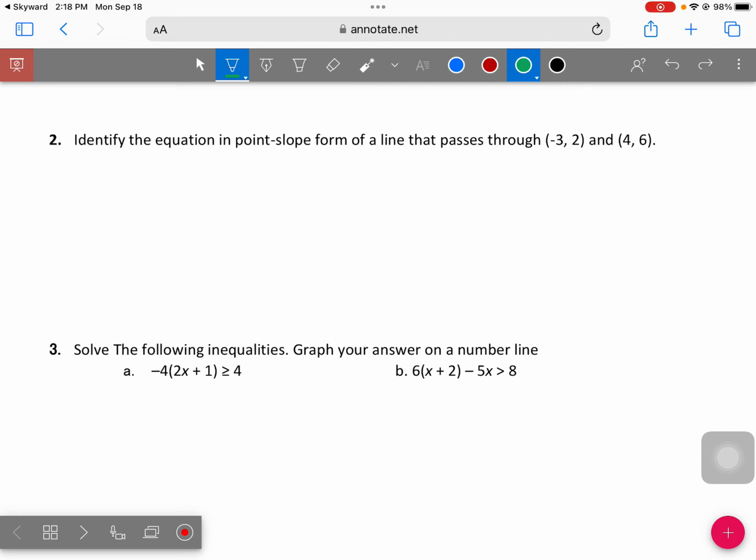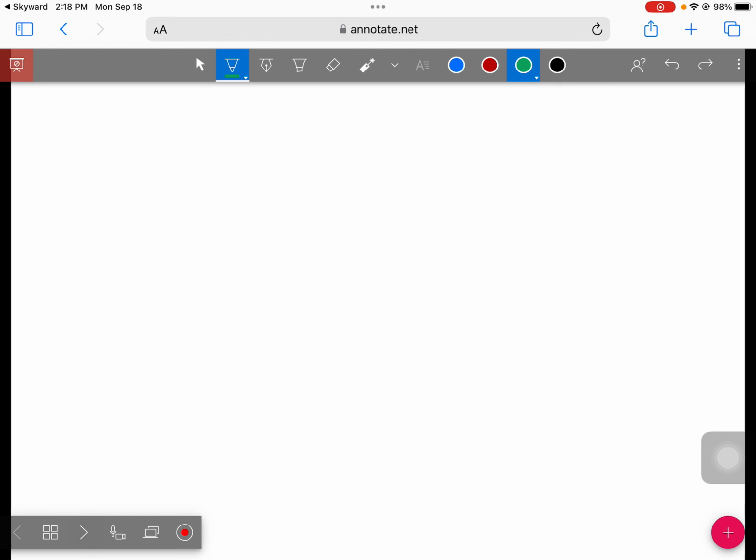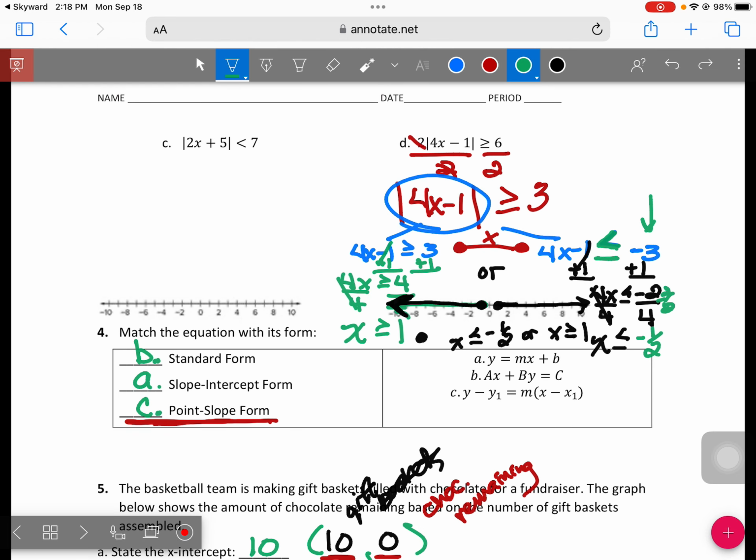Slope's done. You are not going to have this formula. Well, yeah, you will. Which formula? I know the formula.